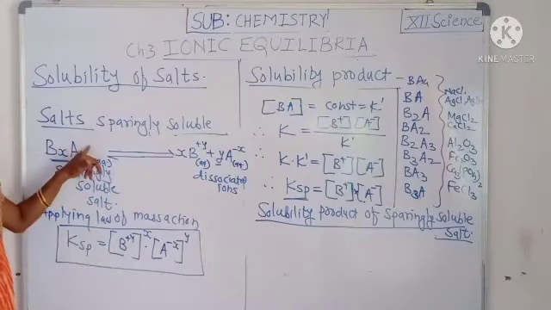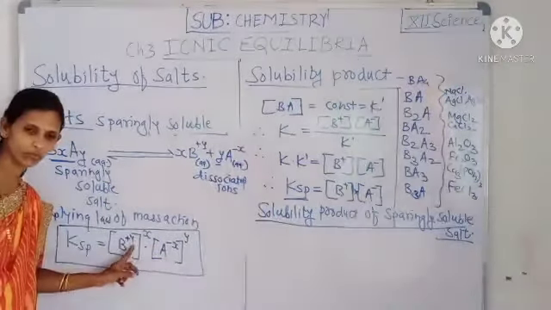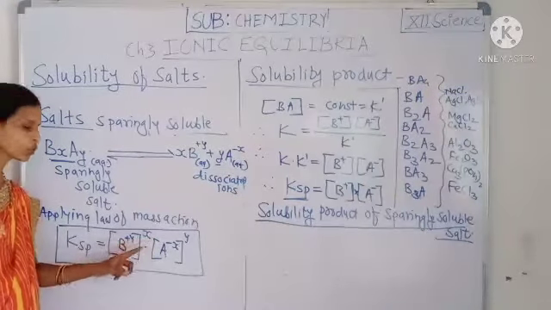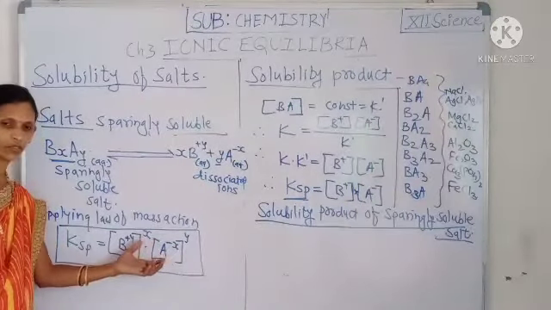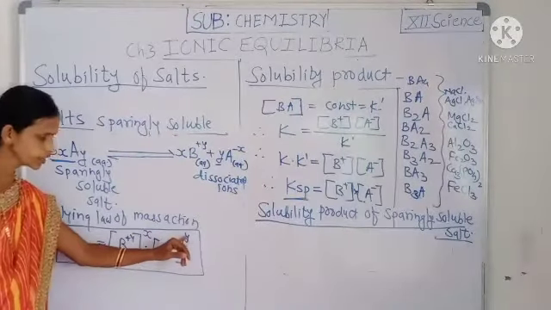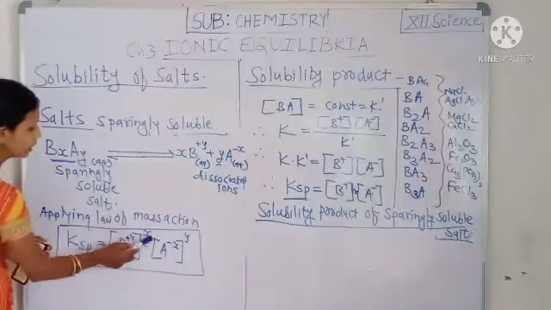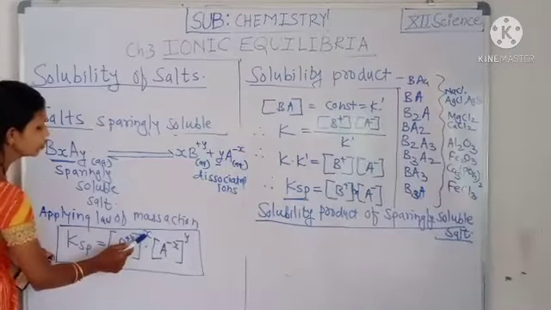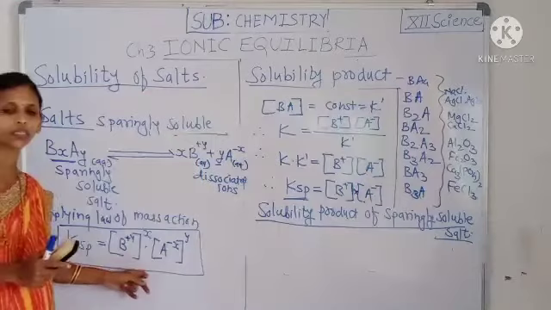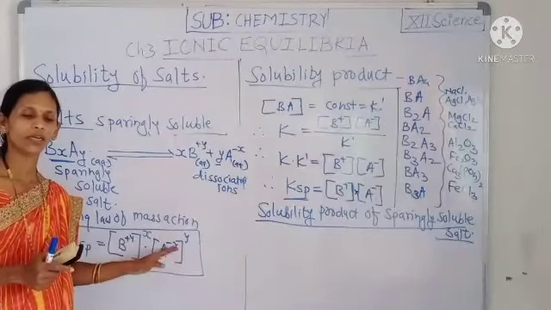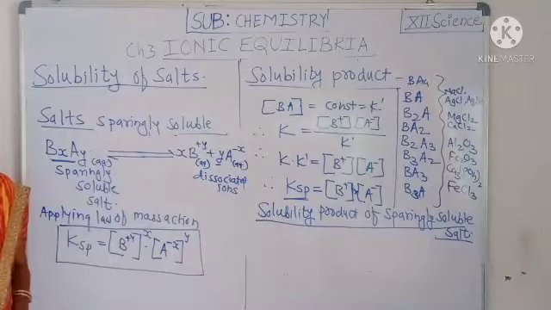In a saturated solution of a sparingly soluble salt, the product, that is the multiplication of the concentrations of the constituent ions, that is the dissociated ions, raised to the powers of their respective coefficients, at a given temperature in a given saturated solution, is called the solubility product.